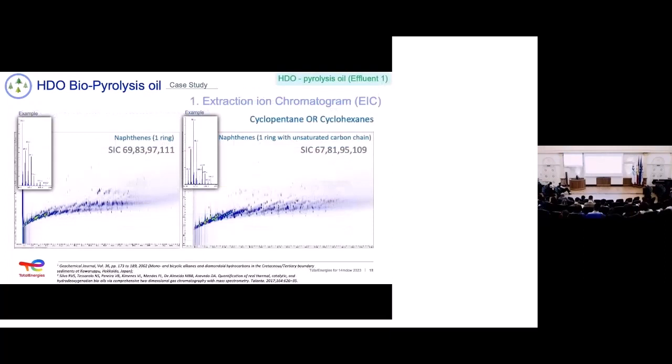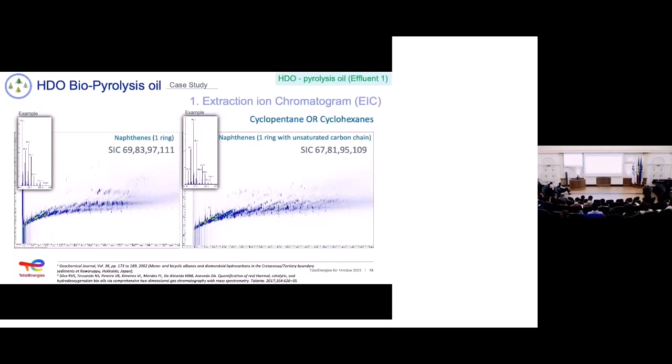Here I am comparing the EIC, the chromatogram, for the naphthene 1 ring and the naphthene 1 ring with an unsaturated carbon chain. For the first one, we extracted the ions described above, and for the second one, the ions described below. At the top, we have an example of the EI chromatogram for these chemical classes.